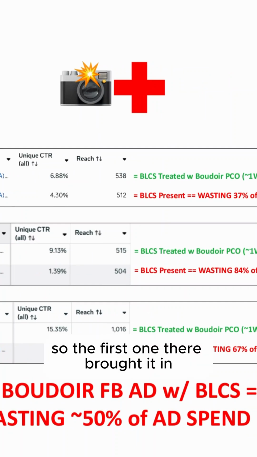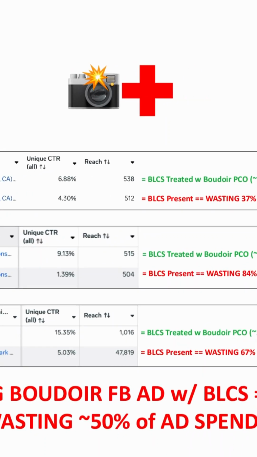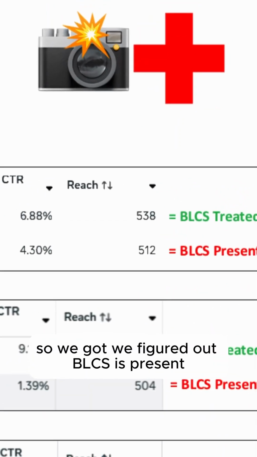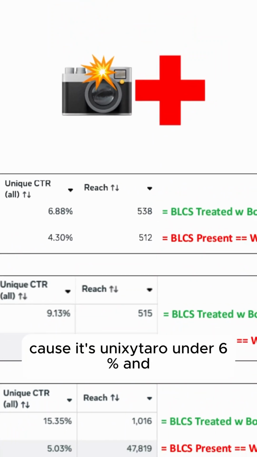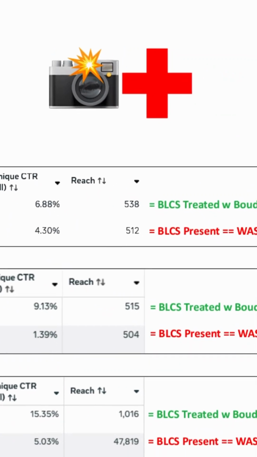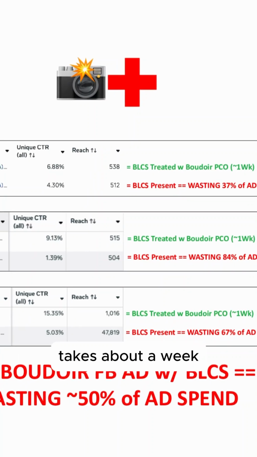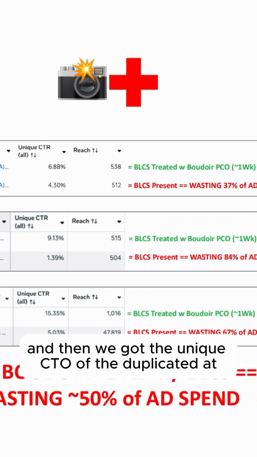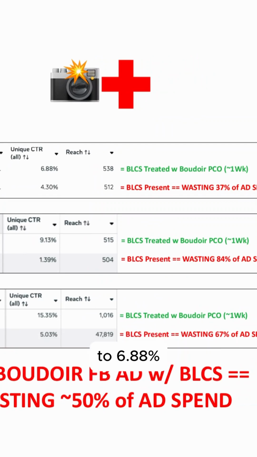So the first one there, I brought it in, found out its unique CTR is 4.3%. So we figured out BLCS is present because its unique CTR is under 6%. And so what I did was I duplicated it, treated it with Boudoir Pico, takes about a week, and then we got the unique CTR of the duplicated ad to 6.88%.